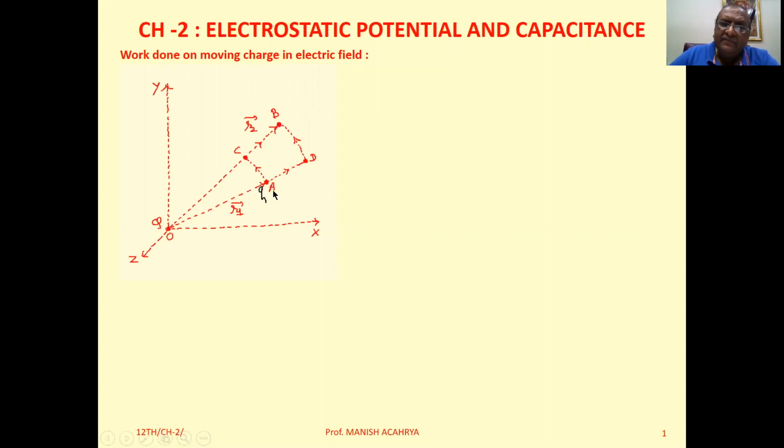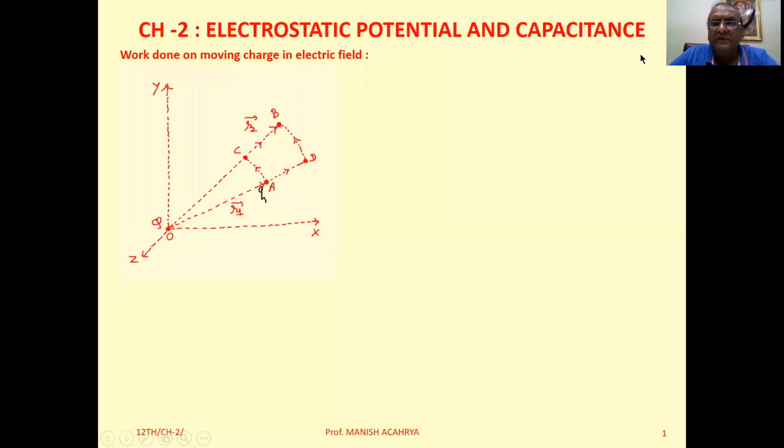And then we will calculate the total work done on moving it from A to B on the path A to D on the linear path, and then D to B on the curved path. So here we will calculate the work done on these two paths.